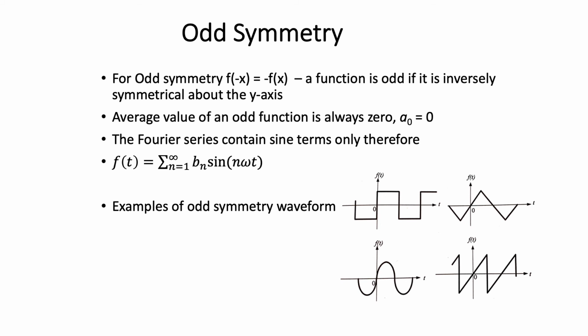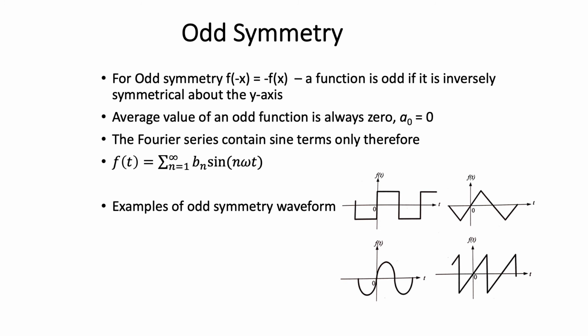The average value of an odd function is always 0, therefore a naught equals 0. The Fourier series contains sine terms only, therefore the equation for the Fourier series for an odd symmetry waveform is f(t) equals the summation of n equal to 1 to infinity of bn sin n omega t.